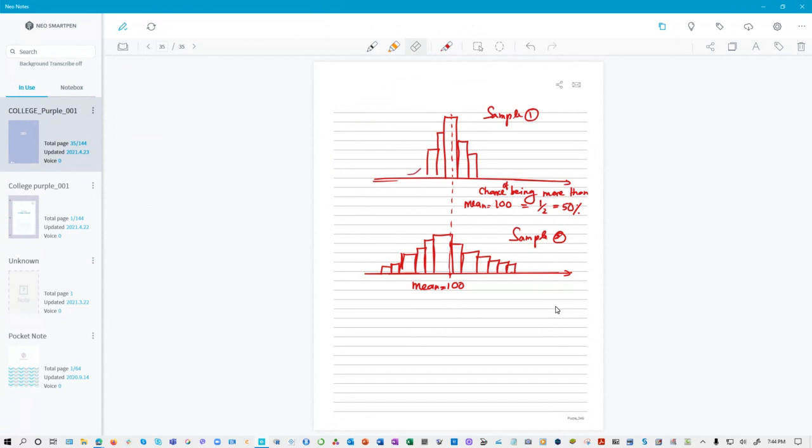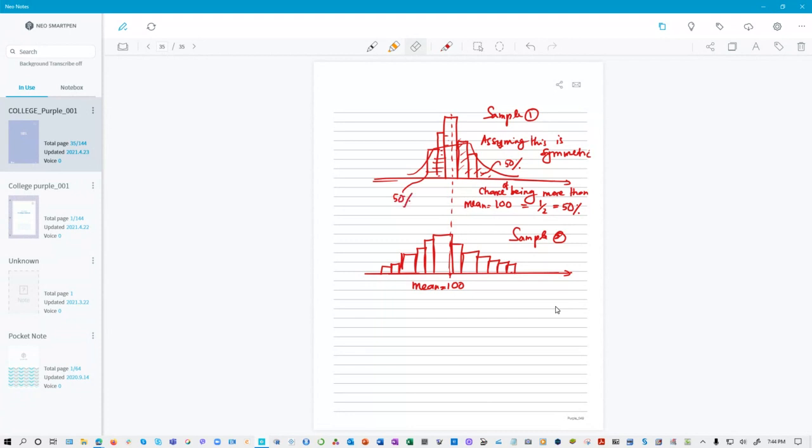If you look at this one, it's 50%, assuming it is symmetric: 50% on this side and the other 50% chance of being below 100.